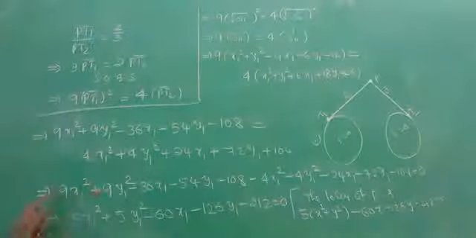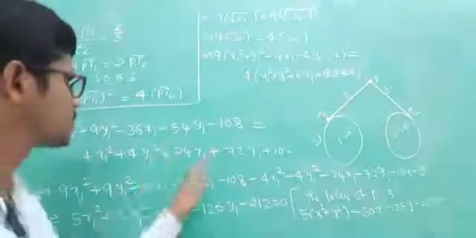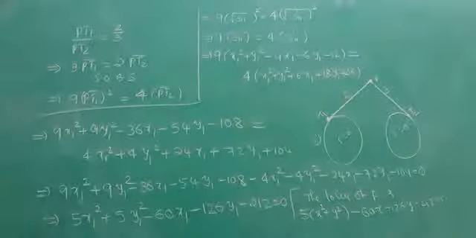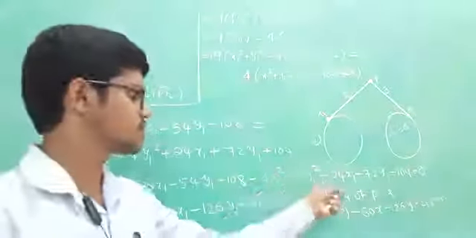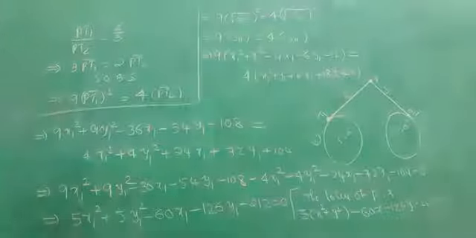Now the right hand side values come to the left hand side, and we get minus 4x1 square minus 4y1 square minus 24x1 minus 72y1 minus 104 equal to 0.